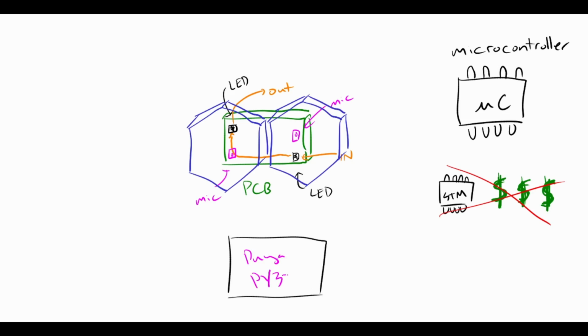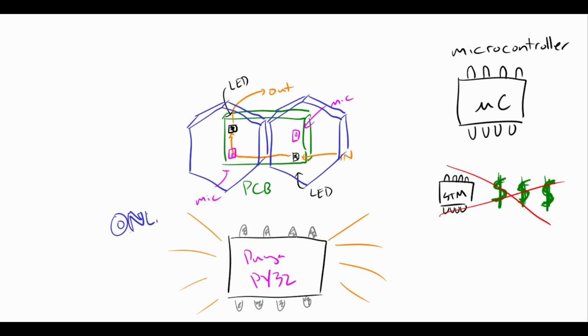Slightly after that article, however, there was talk of another part, this time a flash-based part, called the Puya PY32. Now these are Cortex M0 Plus parts, much like the STM32C0, and they're available for around 10 cents each in modest quantities.